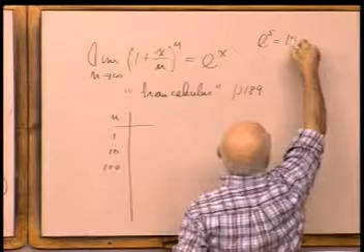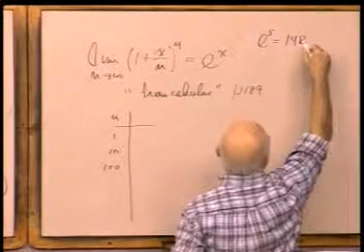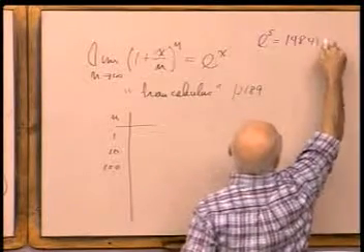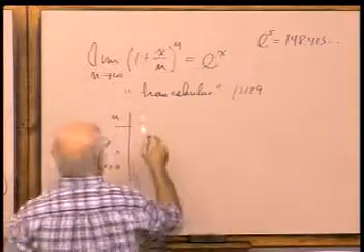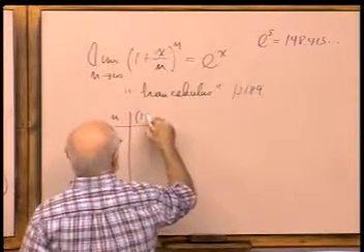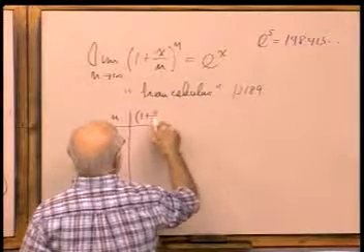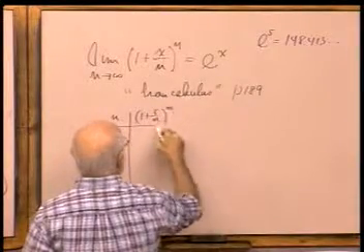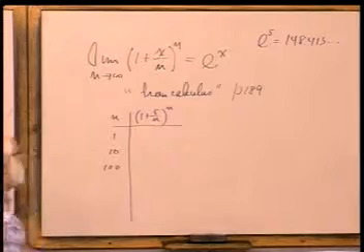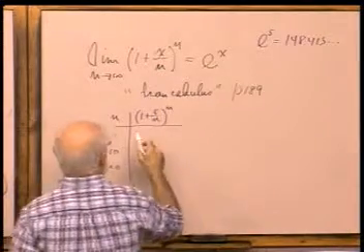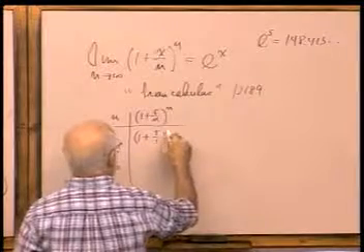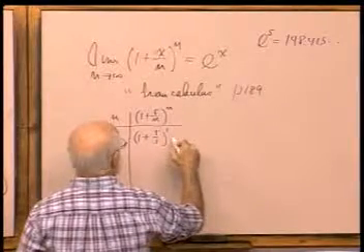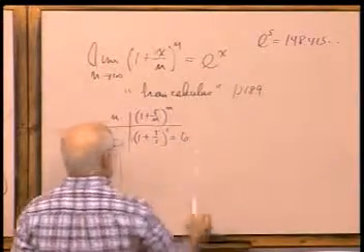It's 148. Give me some decimal points. 0.413. 413. Okay, that's e to the 5. So now what I want to calculate is 1 plus 5 over n to the n. Okay, so when n is equal to 1, this would be 1 plus 5 over 1 to the 1, or 1 plus 5, or 6 to the 1, or 6.